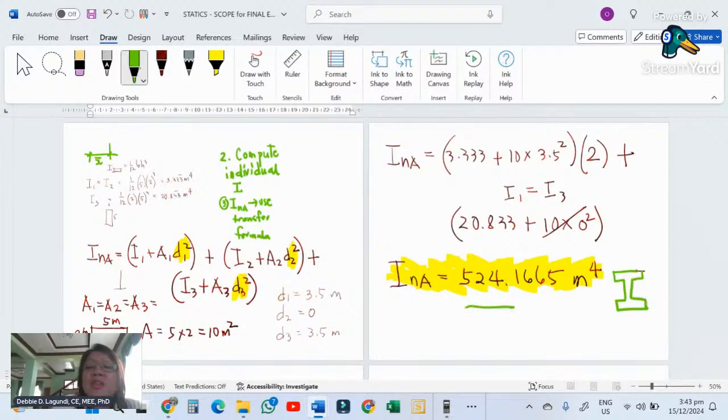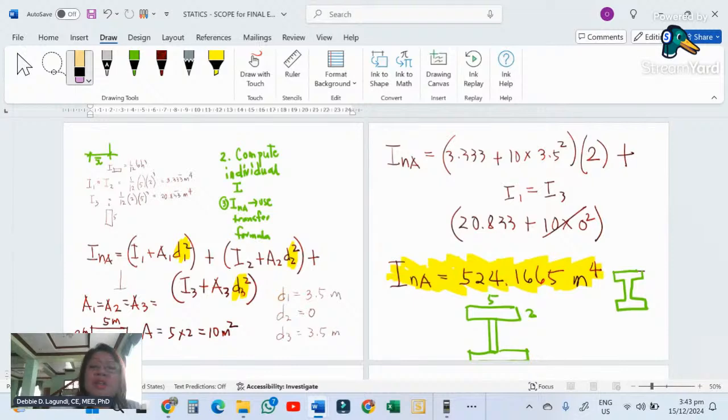Okay, flange is this one. Okay, 2 by 5. And the 2 by 5 will be the I at the middle, and then another flange which is 2 by 5. Okay, so that is the INA, moment of inertia about the neutral axis.